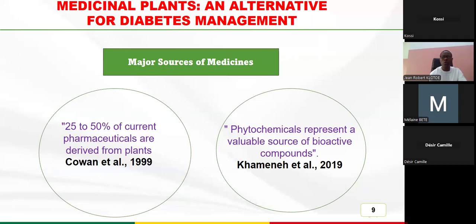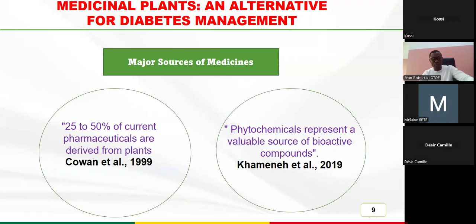And as the data show, we know that in Africa, especially, there are some plants that are used for the treatment of diabetes. Most of the molecules used nowadays in drugs, most of these drugs are derived from raw material that is plant-based.